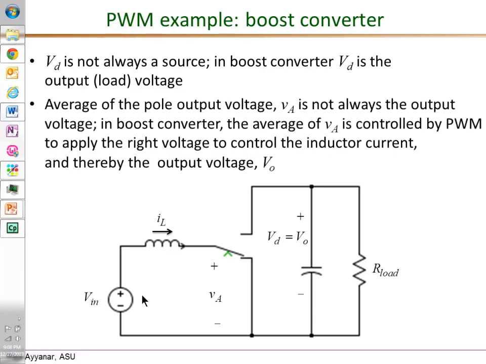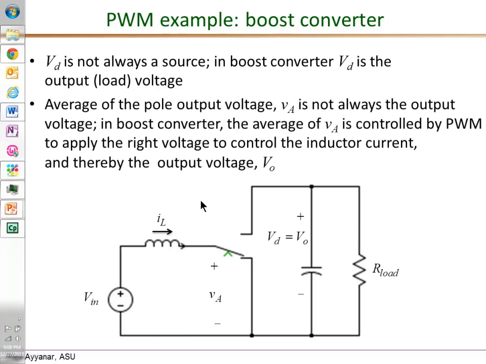So the second point is that so far in all our examples, we have been seeing that we control the pole output voltage by the PWM process, and that after we remove the switching frequency component is the output voltage. That is only for a buck converter and for buck derived converters, and it's not true in general. So in general, what we actually control is the average value of the pole output voltage.